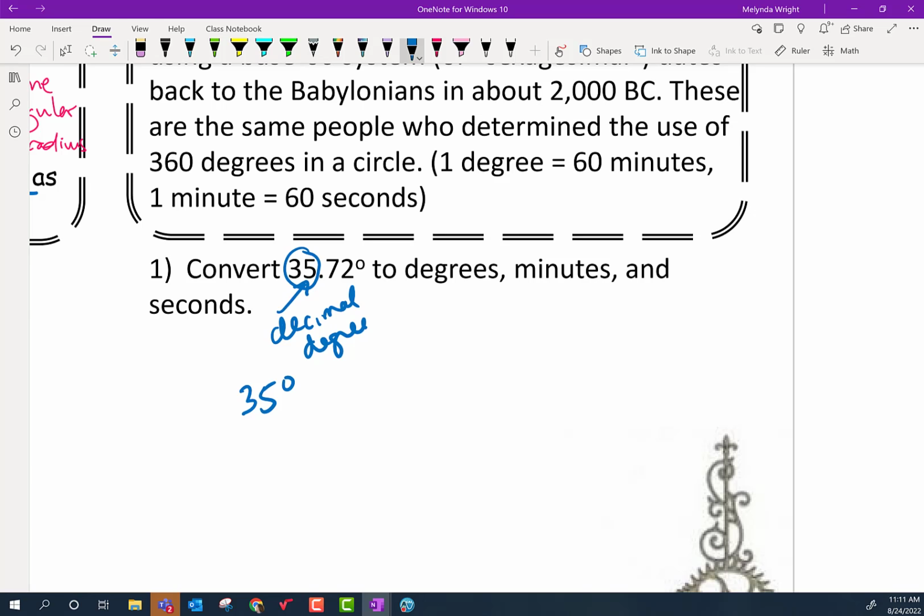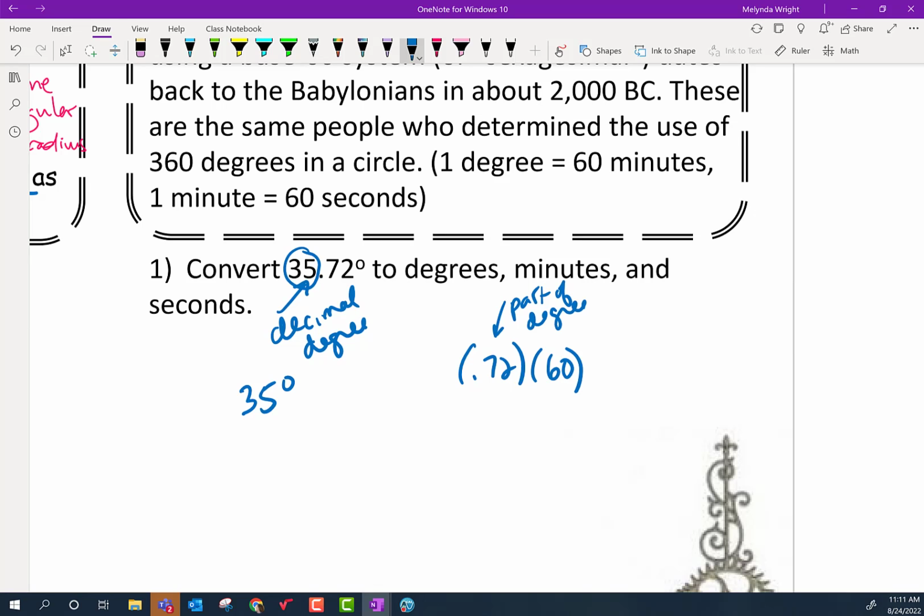So let's go over here to the side. Let's take 0.72 and multiply it by 60. Let's talk about why. This is a part of a degree, right? It's not a full degree. It's 0.72 of a degree.